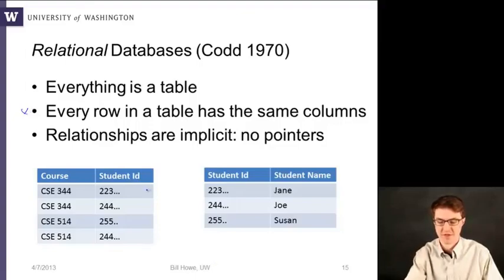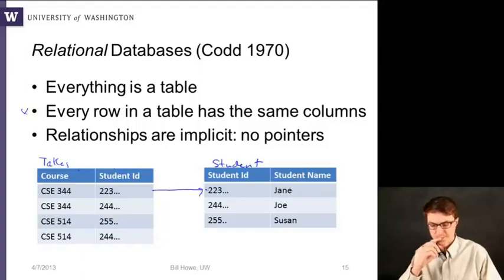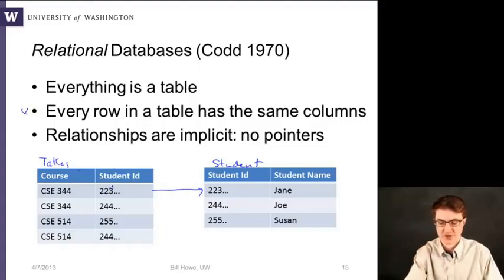So here we switched the domain to one of courses and students. If this table is a student takes course, and this is a student record, well, instead of having a physical pointer from the course record back to the student, we just have a shared ID.